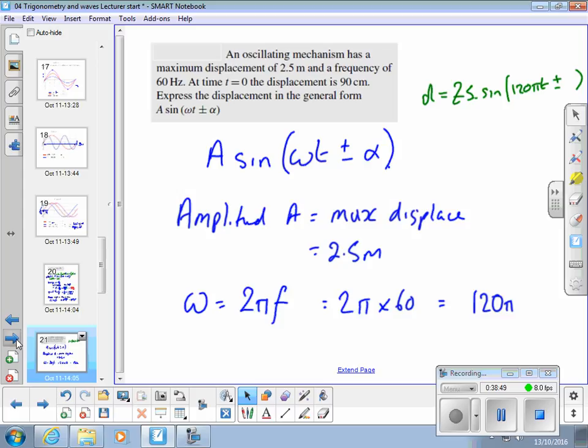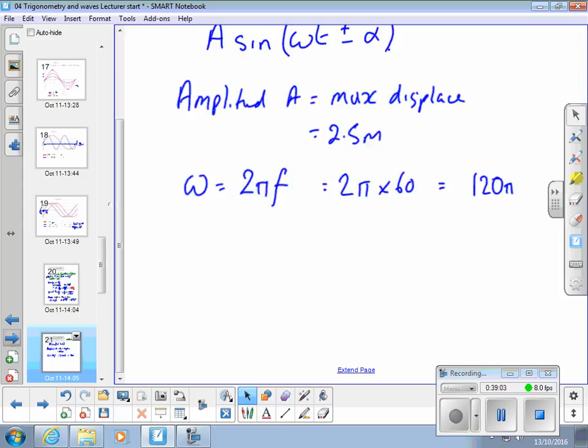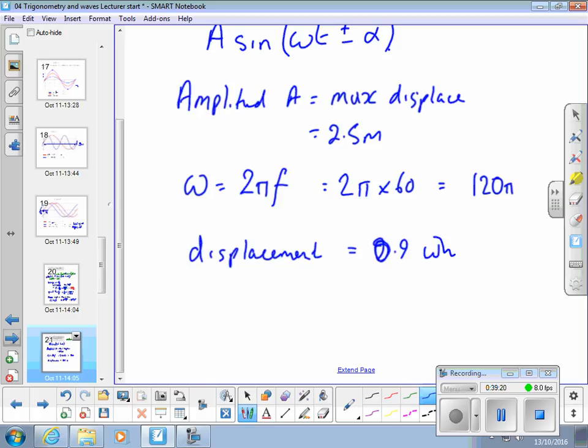So how are we going to find out what this phase shift is? How can we do that? We've been given the information that the displacement equals 0.9 meters when t equals 0.